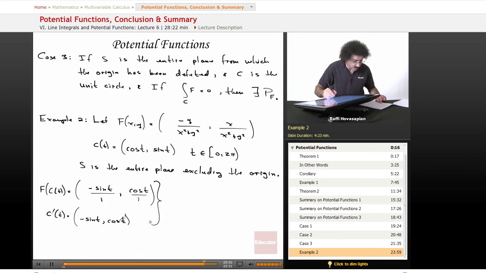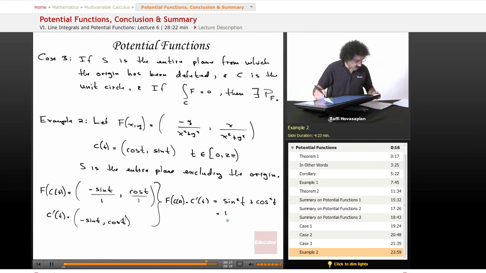Okay, so when we form f of c of t dot c prime of t, when I dot these two, I end up getting minus sine t times minus sine t, sine squared t, plus cosine squared t is equal to 1.